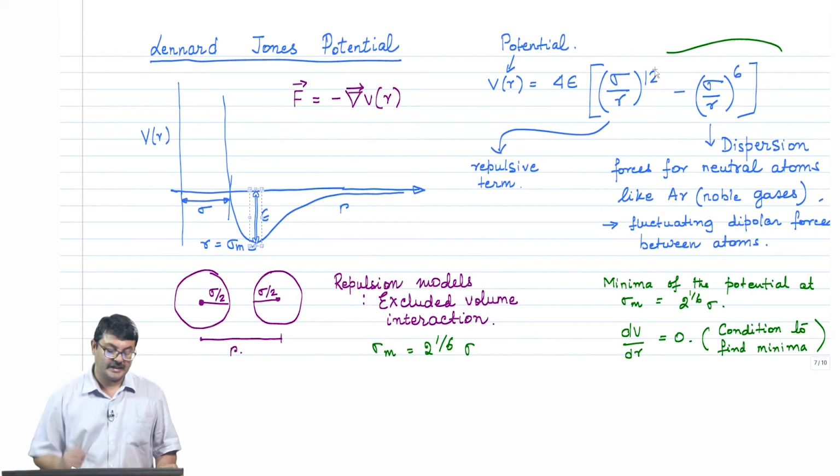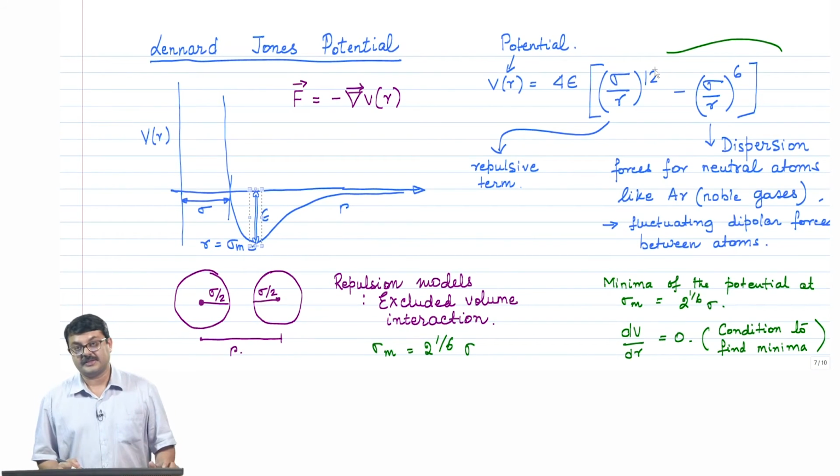So that you know that the depth of the potential is epsilon, and then all other energies like thermal energy. If you have very low temperature, low thermal energy, then all particles would like to aggregate together because of this attractive interaction.